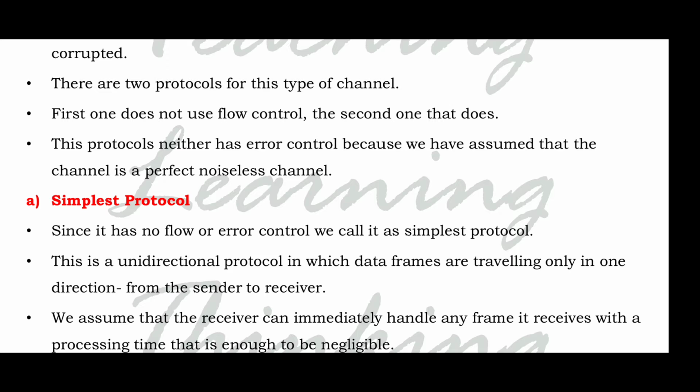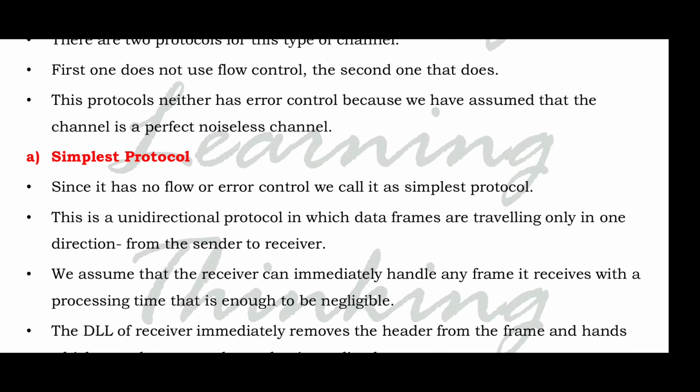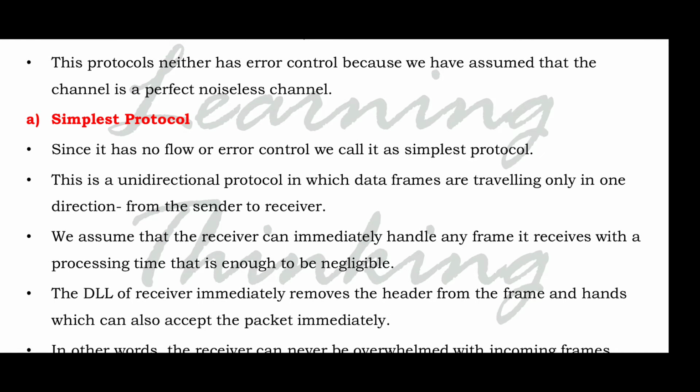This is a unidirectional protocol in which data frames travel only in one direction, from sender to receiver. We assume that the receiver can immediately handle any frame it receives, with a processing time small enough to be negligible. We already discussed that if the receiver has lesser processing speed compared to the sender's transmission speed, it will take time to process the data. Here we say the sender's transmission speed and the receiver's processing speed are almost the same.